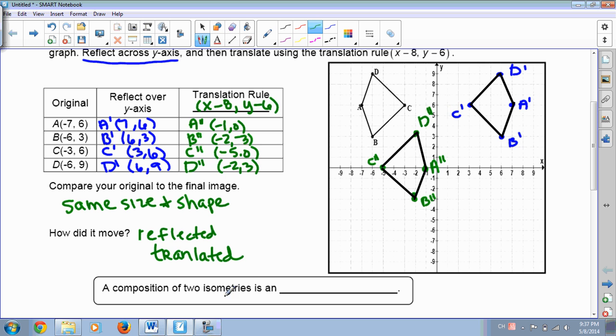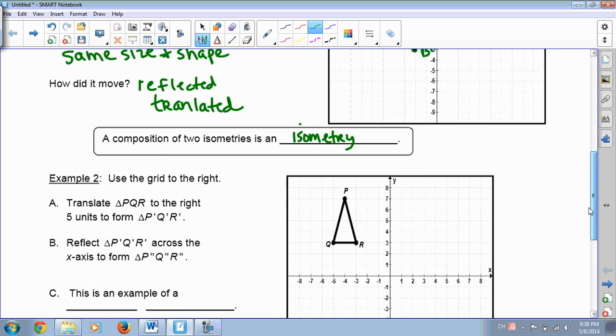So a composition of two isometries is still an isometry. When you don't change the size either time, or the shape either time, the whole thing is still an isometry. Remember, an isometry just means that you're not changing the size or the shape.